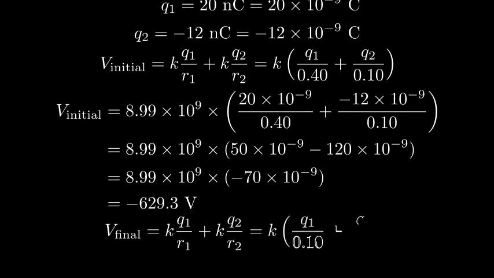V final equals K times Q1 divided by R1 plus K times Q2 divided by R2, equals K times the quantity Q1 divided by 0.10 plus Q2 divided by 0.40.